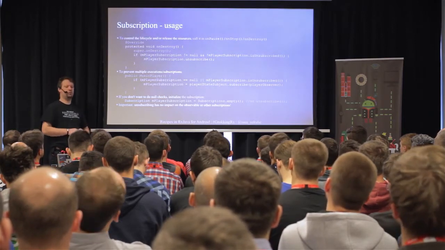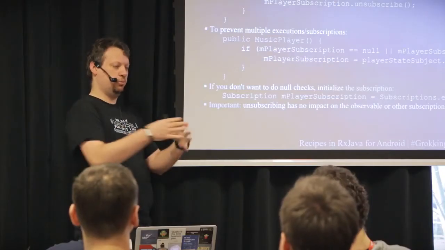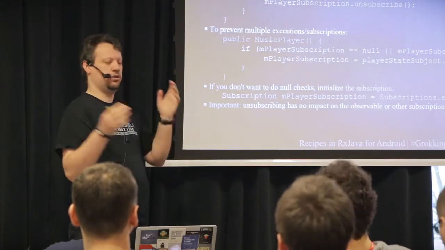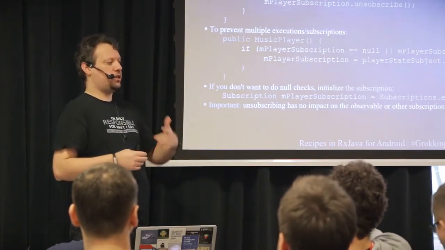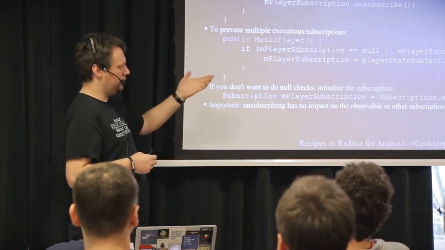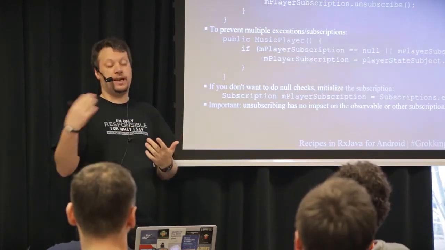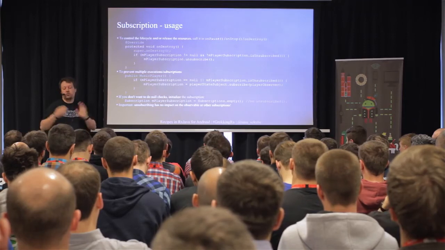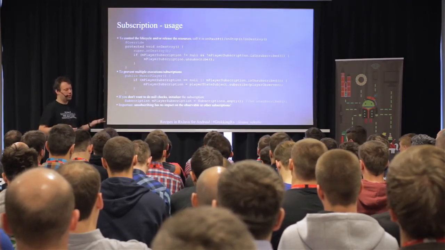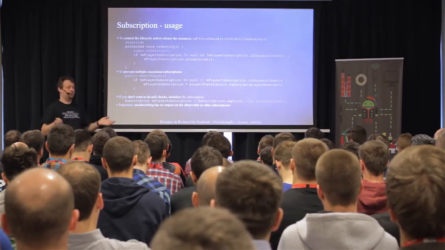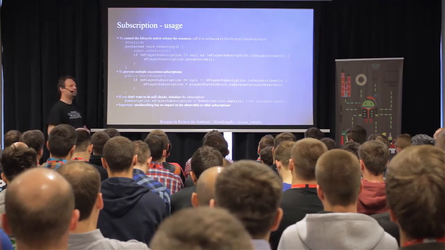Also, for example, when you're doing network calls that can be executed from multiple points, like getUser, check if the subscription is already there, because if it is, that means it's already executing that call. So in this case, just do nothing, because the call is already there. You will get the value in your observer, and don't touch anything. Just feed the chicken.